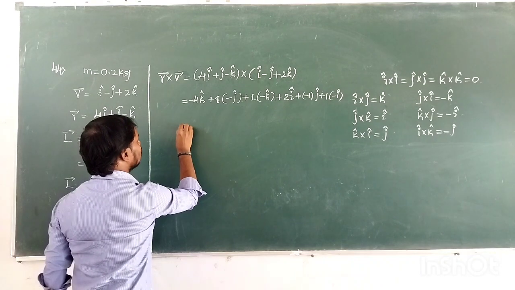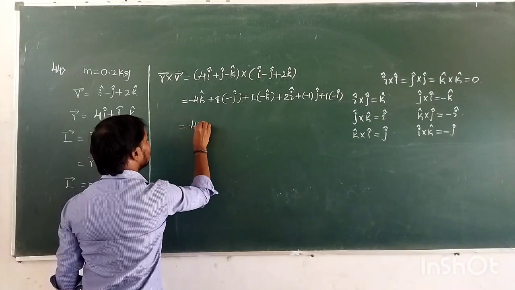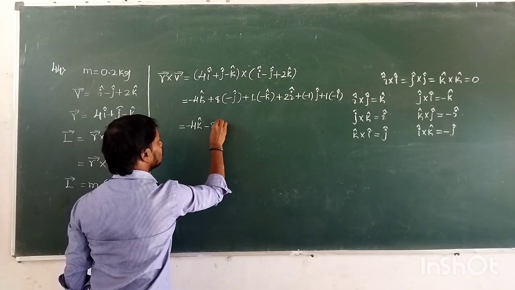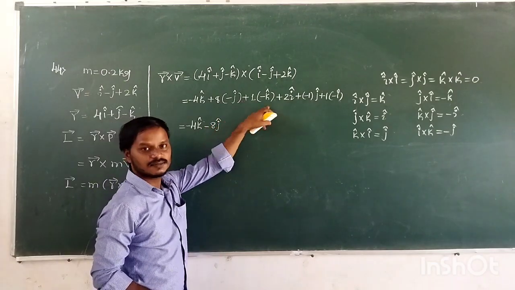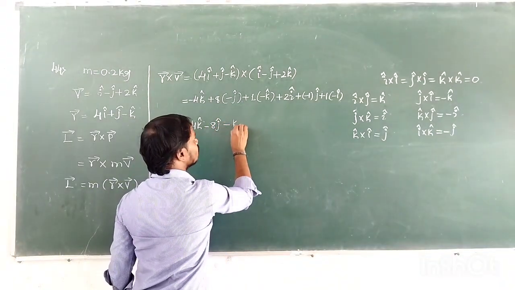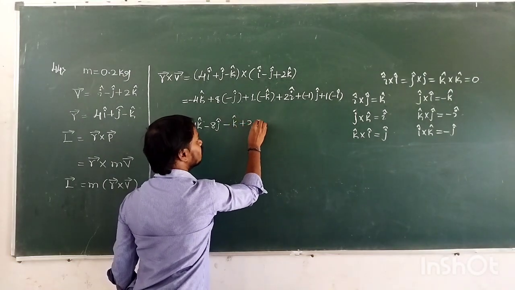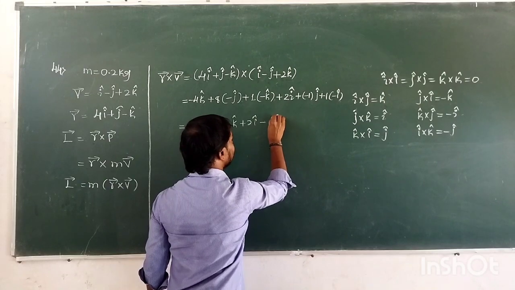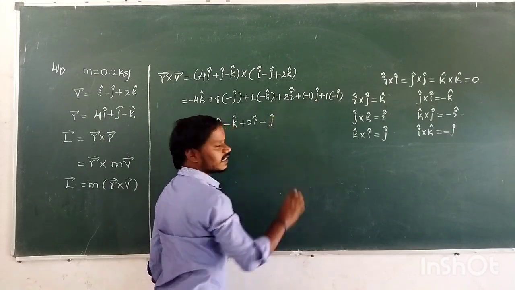Then see, minus of 4k, then plus into minus, minus 8j, then plus into minus, minus k, then plus 2i, then plus into minus, minus j cap. 1j means here j cap.